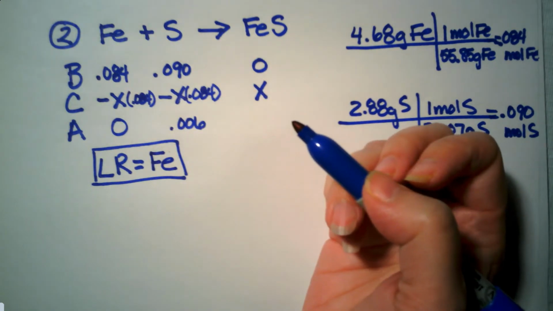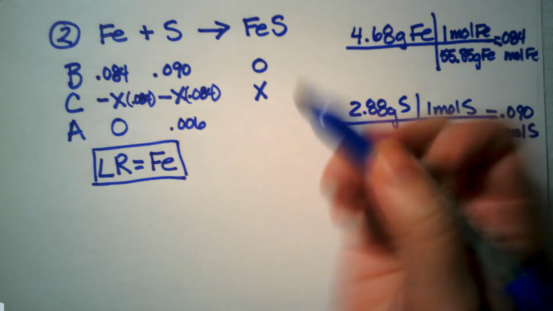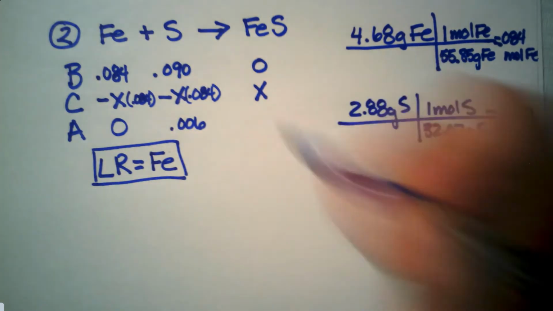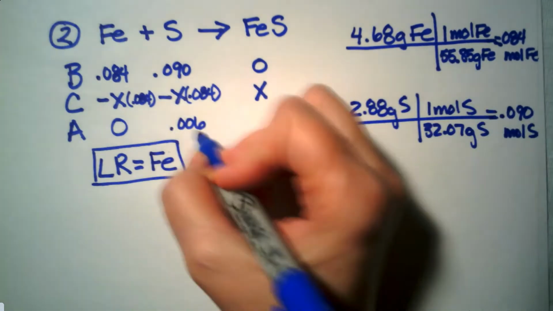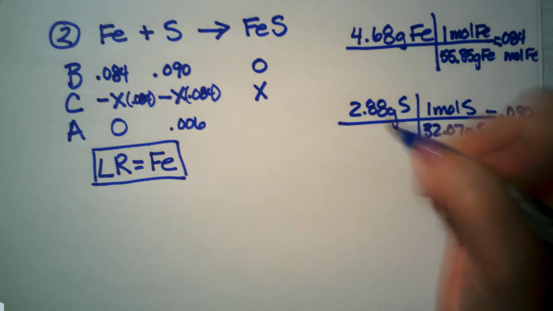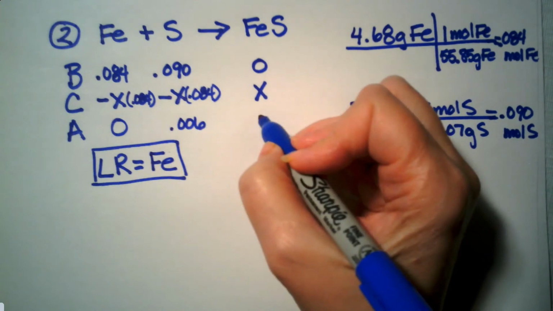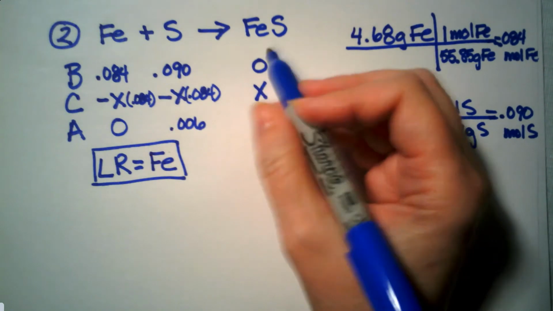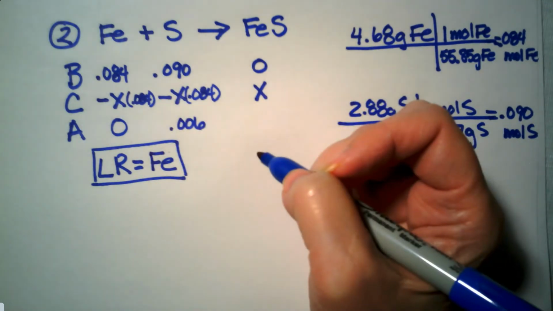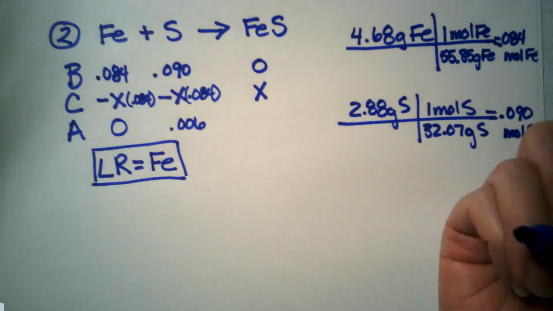So let's say the problem said something like, how many grams of excess will you have? Then I can take these moles and I convert that back into grams. I could also figure out how many grams of iron 2 sulfide I could make. So there's a lot of different things I can work on, but that's the answer to number 2.